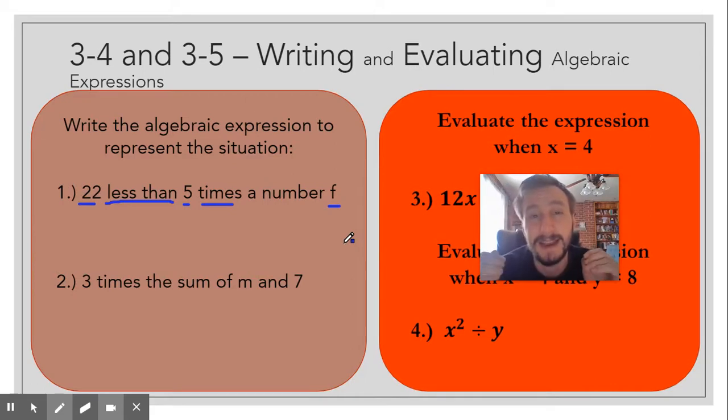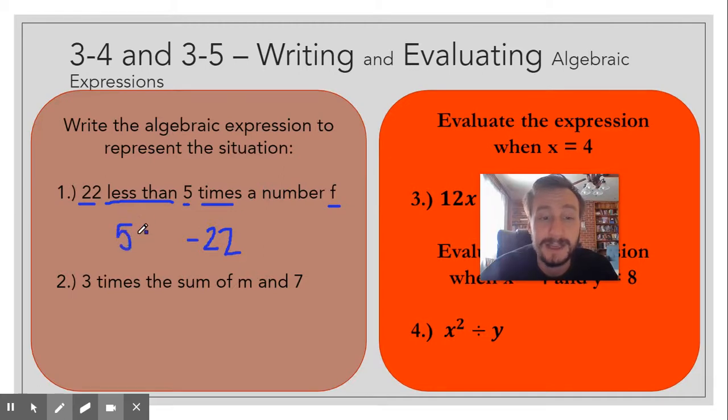So that means that less than means subtraction, right? We should have 22 less than a certain amount. Well, what's the amount that we're taking 22 from? 5 times a number f. So 5 times a number f. That's it.